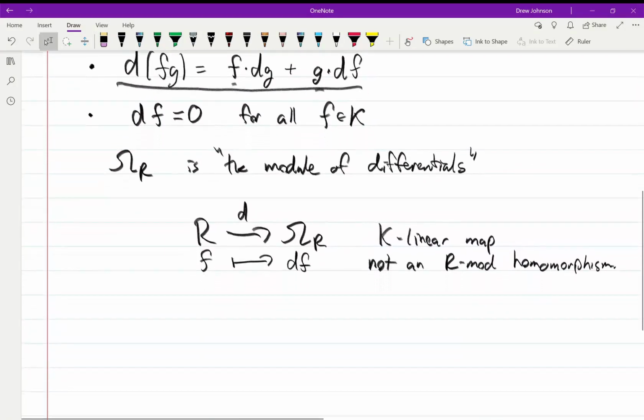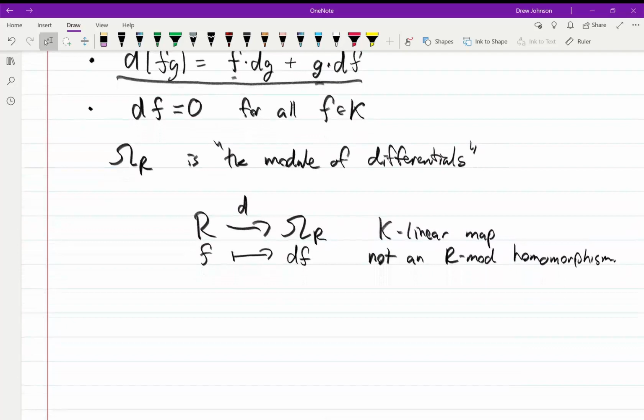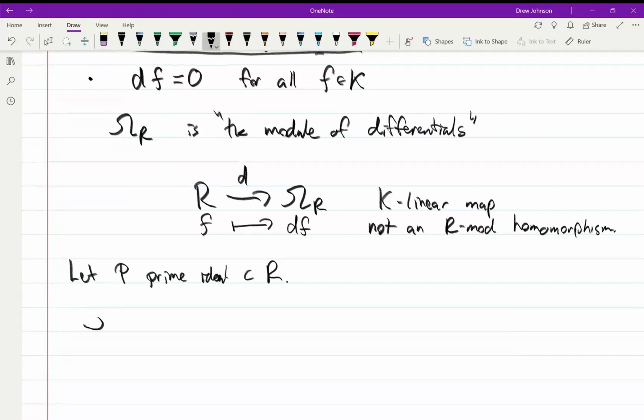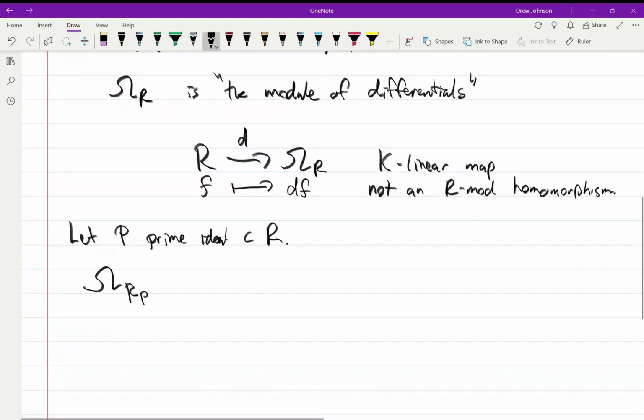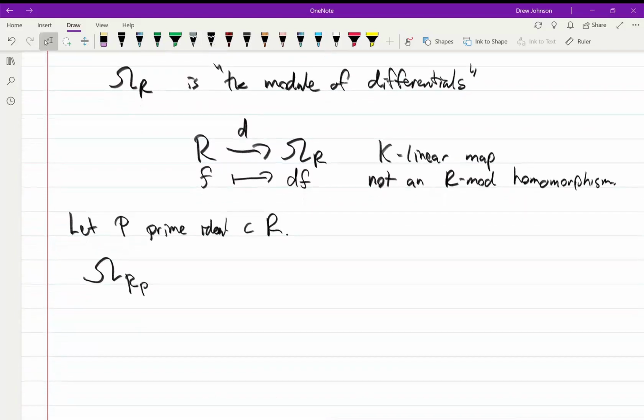Let's next think about how this construction behaves with respect to localization. So now let P be a prime ideal in R. So remember, R is a K algebra, and let's look at omega R localized at P, and try and think about what happens to a quotient like dg over f in this module here.